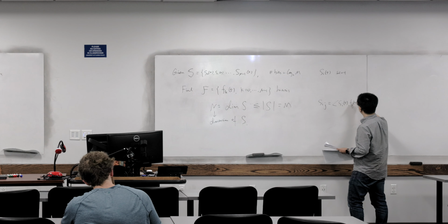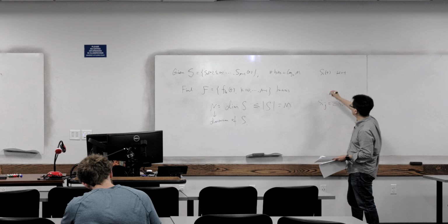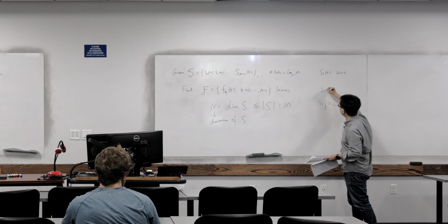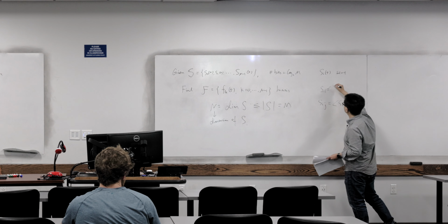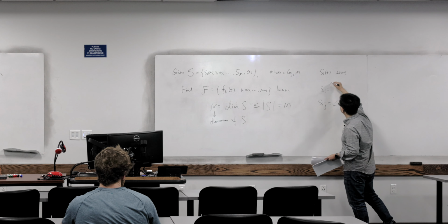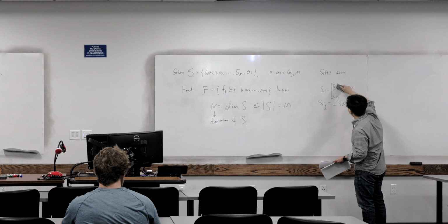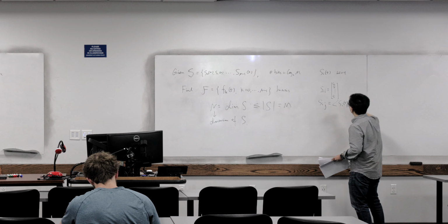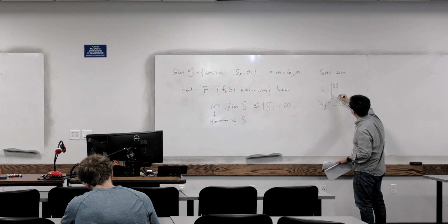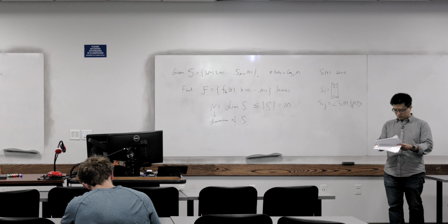Si is a vector of Si1, Si2, up to Si, the number of basis functions, capital N. Sorry, it should be from 0 to N minus 1: Si0, Si1, to Si N minus 1. So this is the notation here.